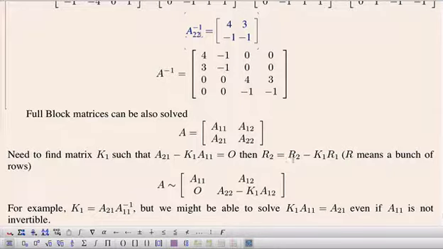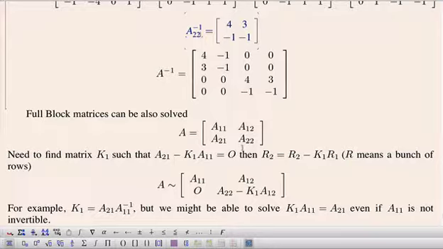And this is actually not just one row, this is a block of rows, a bunch of rows. So then what we get here, if you multiply this first row part with K1 and subtract it from row 2, here we get A21 minus K1 A11, which is 0.